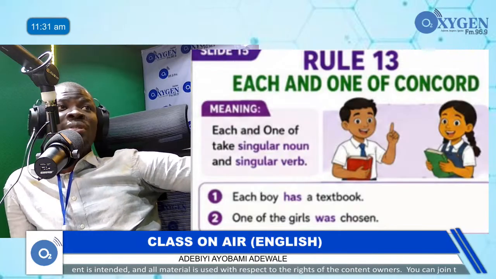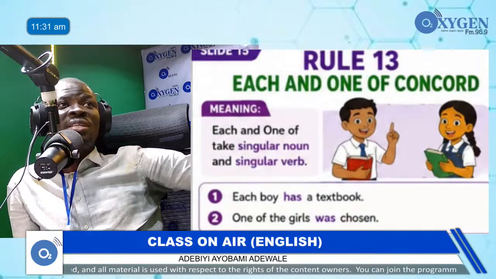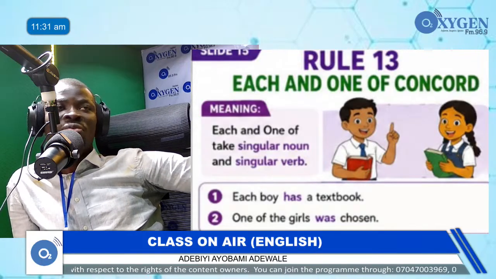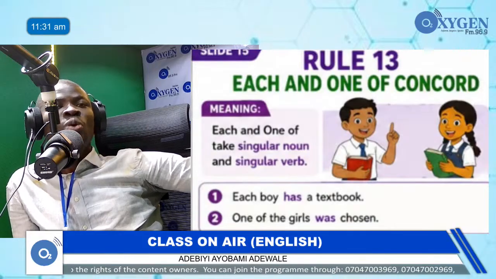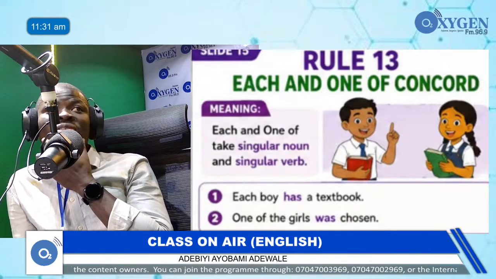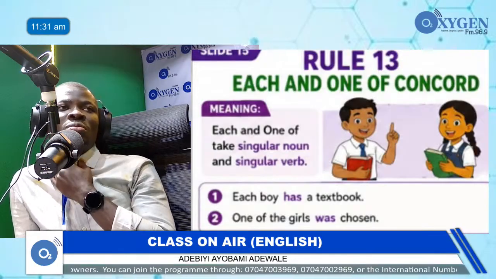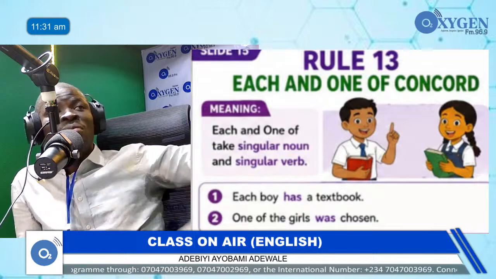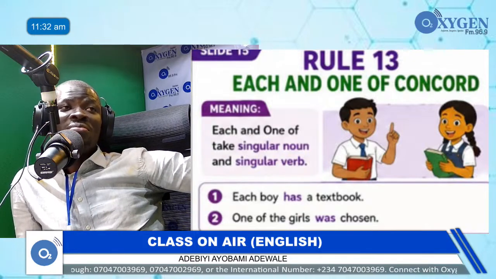If you look at rule number 13, it says each and one of concord. That is, how do we use each and how do we use one of? It has a strict idea. We have to be in complete adherence to this particular use of grammar.